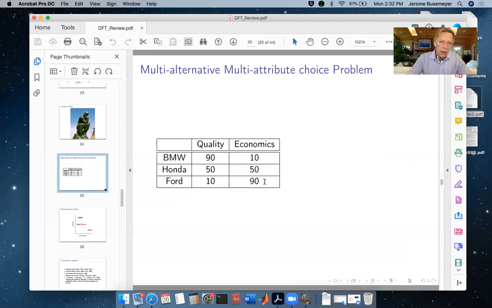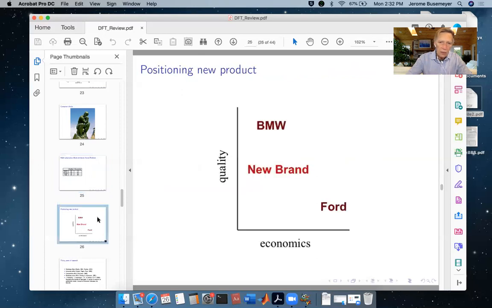But then you'll pick up a higher evaluation for Ford because you'll think, well, it's economical, the gas mileage is good, insurance won't be so high. These are the different features that come into your mind when you're trying to make this decision, and you have to weigh them and make your decision. And so we're going to apply decision field theory to these kinds of problems.